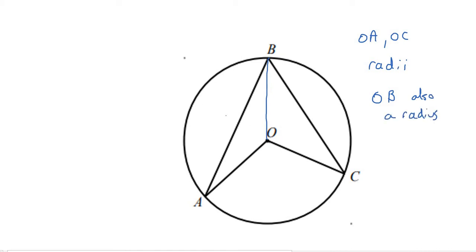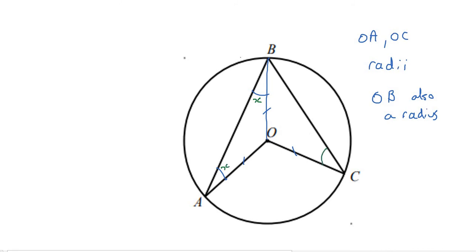And what has this done? Well, now we can see that this line and this line are the same, and also O to B and O to C. So what we've actually created is 2 isosceles triangles, meaning that this angle here and this angle here are the same. Let's call them x.